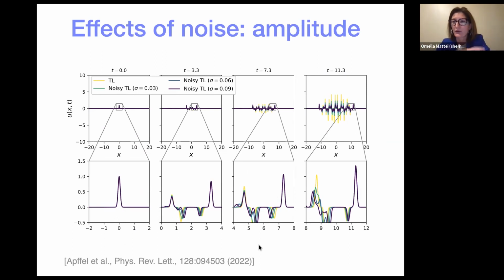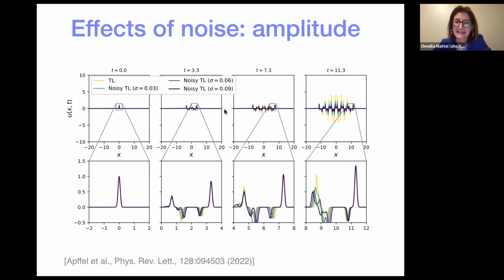What they found, and this is confirmed by our results as well, is that interestingly enough, when you have a time laminate and you introduce noise, the noise is going to be positive. In yellow, you have the solution in a time laminate where the modulation occurs at every unit. The other three graphs represent increasing levels of noise, from 0.03 to 0.09 for the value of the standard deviation.